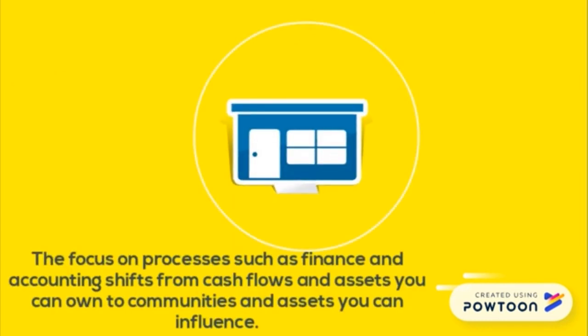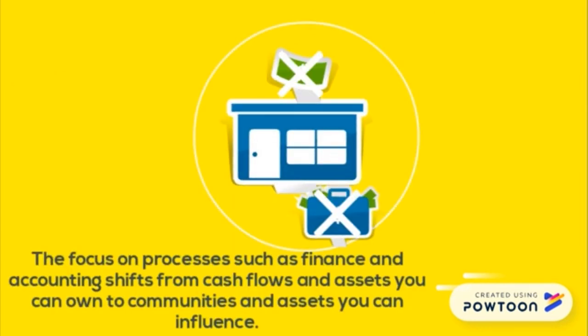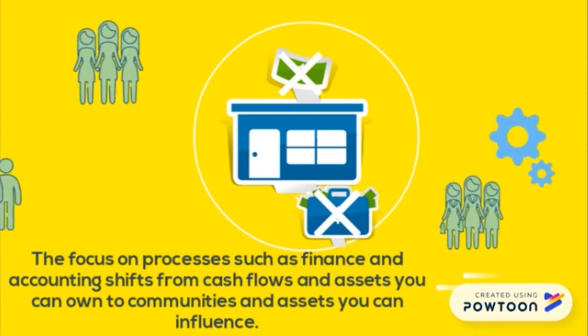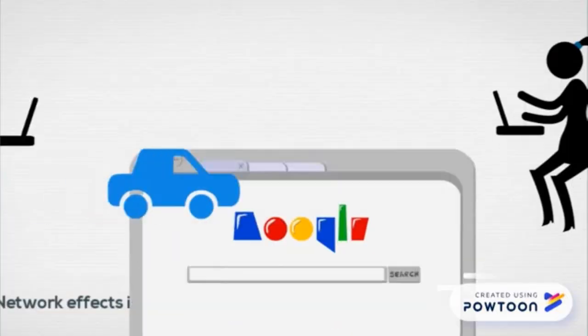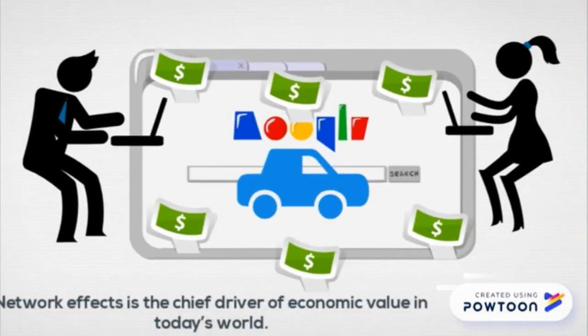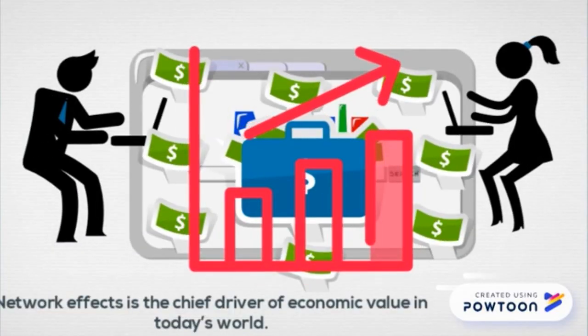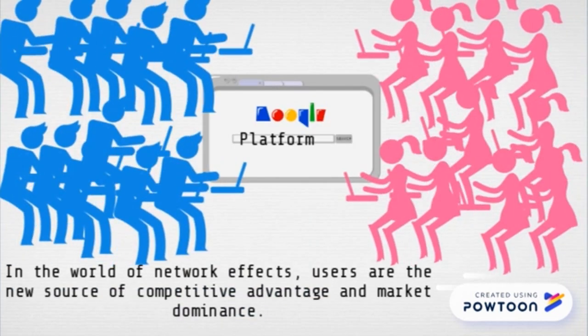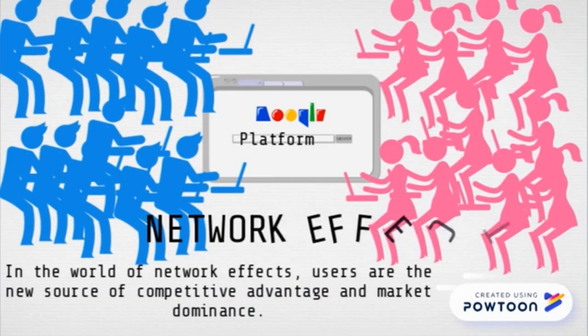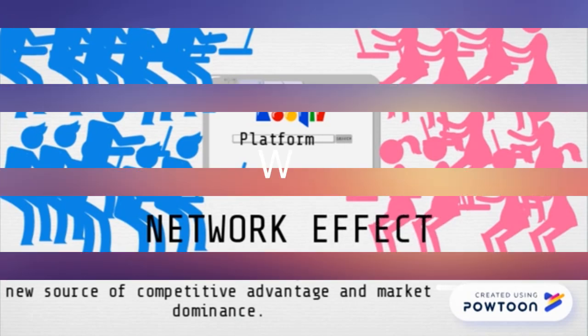The focus on processes such as finance and accounting shifts from cash flows and assets you can own to communities and assets you can influence. Network effects are the chief driver of economic value in today's world. In the world of network effects, users are the new source of competitive advantage and market dominance.